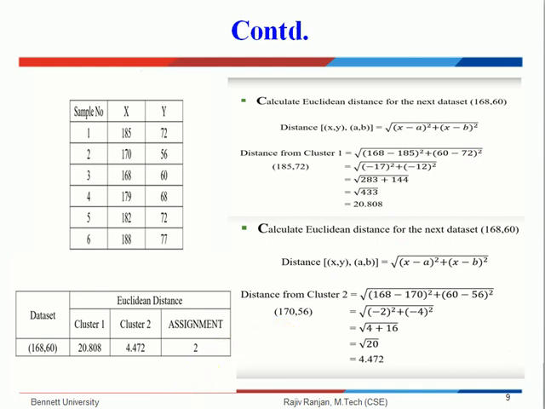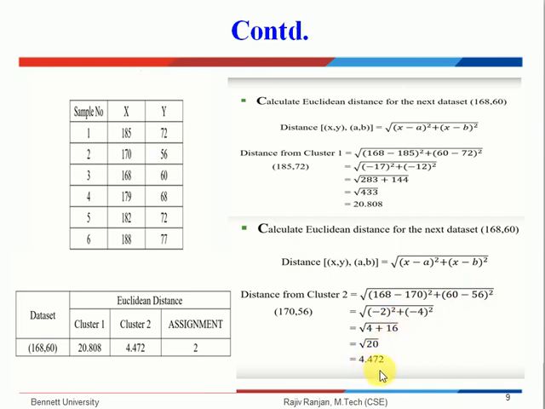After computing this we will get 20.808. Now similarly we calculate the distance for sample number 3 to cluster number 2. For that we put 168 minus 170 and 60 minus 56. Computing the equations we will get 4.472.